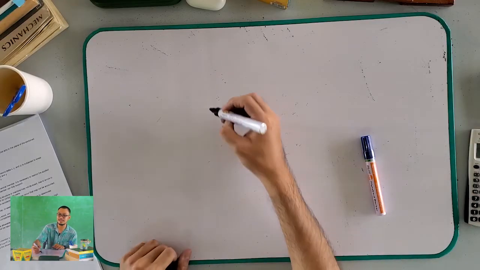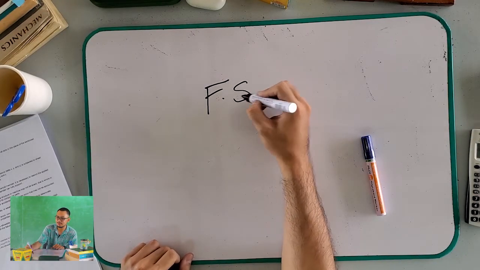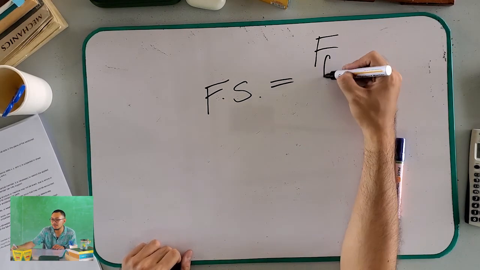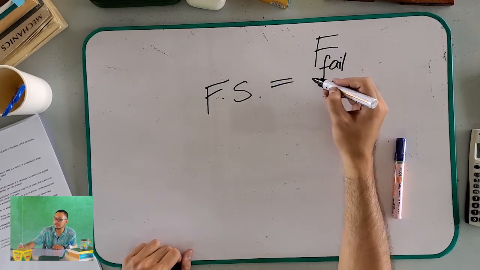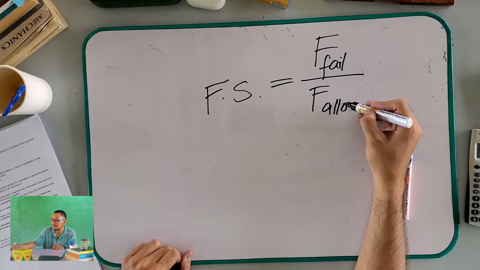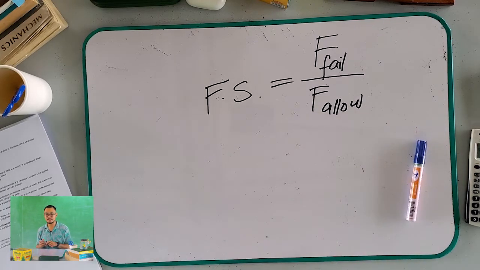So, simply, Fs is equal to the force nga kanus-a mo fail ang imong material over the force nga imo i-allow nga mag-load sa imong material. So, dapat mas nasa babaw ang atong pag-fail and then nasa ubos ang atong allow. Okay? Kay mas dako man ni og value ang force sa imong pag-fail kaysa imong pag-allow.